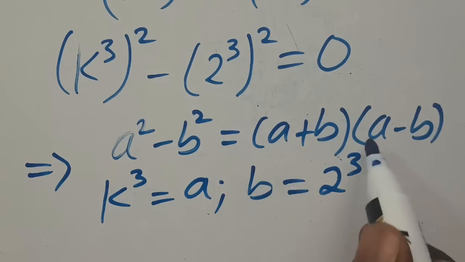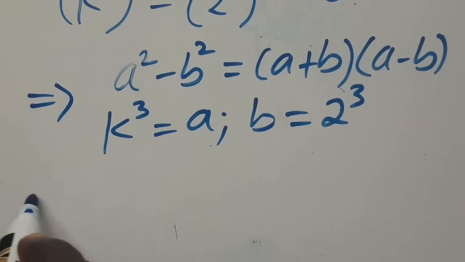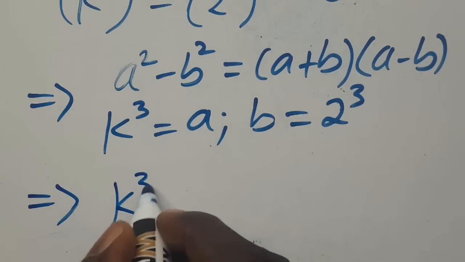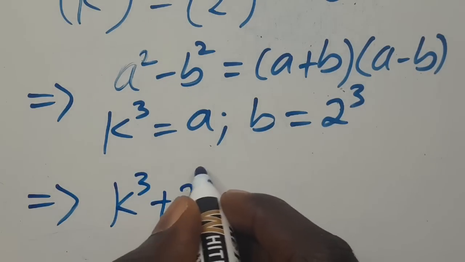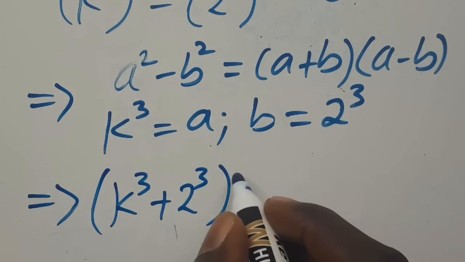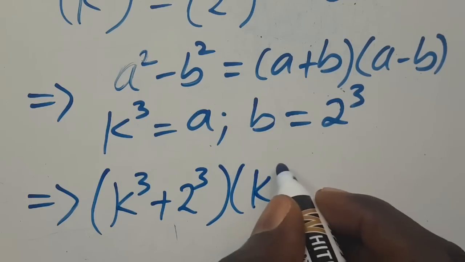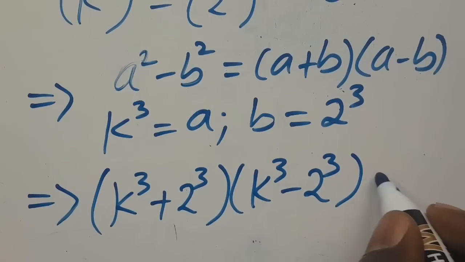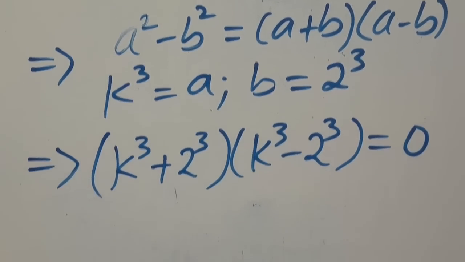So by plugging it in here, we are going to have k to the power of 3 plus 2 to the power of 3, all in bracket, multiplied by k to the power of 3 minus 2 to the power of 3, all in bracket. Then we set everything equal to 0.